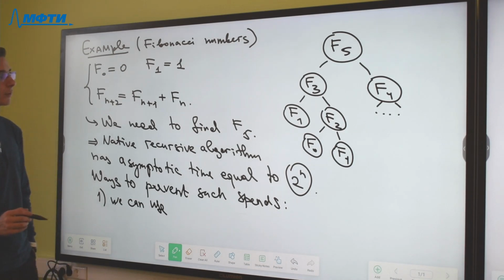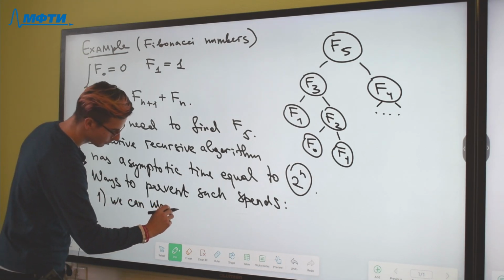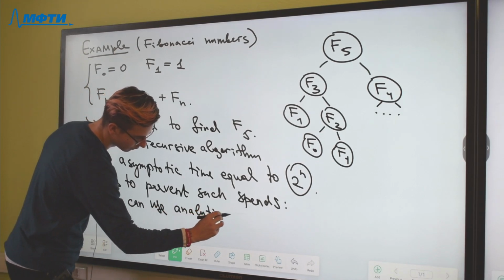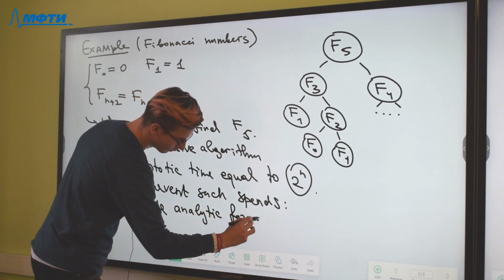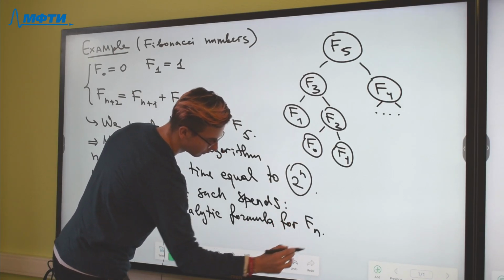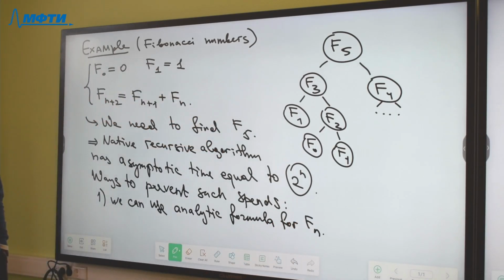Also, we can use the analytic formula for Fibonacci numbers. Have you ever seen the analytic formula for Fibonacci numbers?